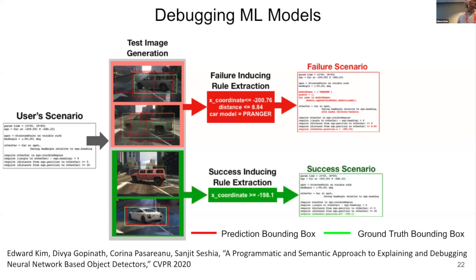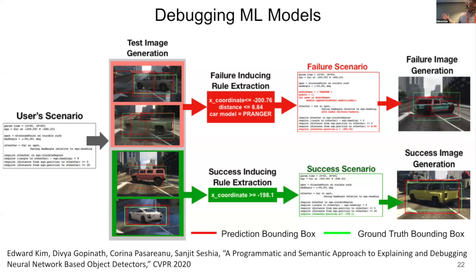Likewise for success inducing. Once you extract those rules, we can add them back to the original scenario given as an input to refine the distribution space of the SCENIC program, and generate more data to see if that induces more failures or successes from your system. In this way, you get an explainable interpretation at a semantic level of what semantic features are affecting your machine learning model's performance, and you can also systematically generate sensor data that induces certain behaviors from your models.